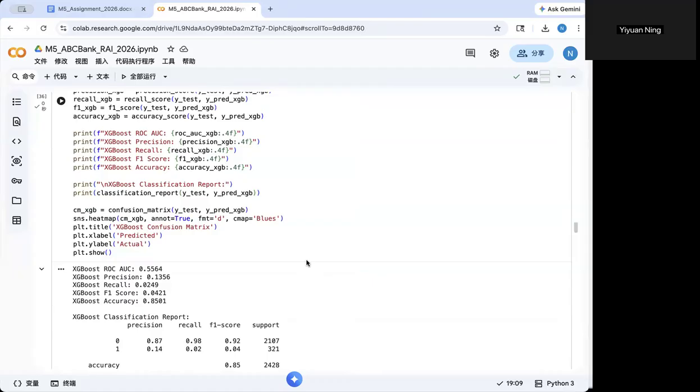In other words, although the model performed very well on the resampled training data, its ability to distinguish between the positive and negative classes on the original imbalanced test set was only slightly better than random guessing.